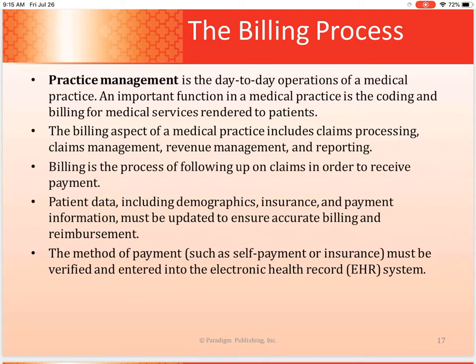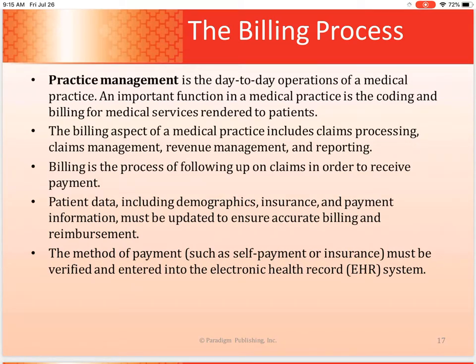And as you learned in Chapter 4, accurate data gathering must begin before or upon delivery of healthcare services. This typically begins at the time the patient is scheduled for a visit or treatment. Patient data, including demographics, insurance, and payment information, must be updated to ensure accurate billing and reimbursement.